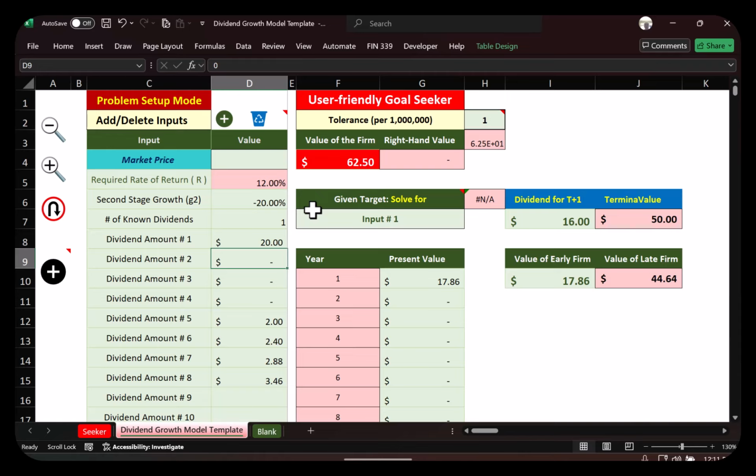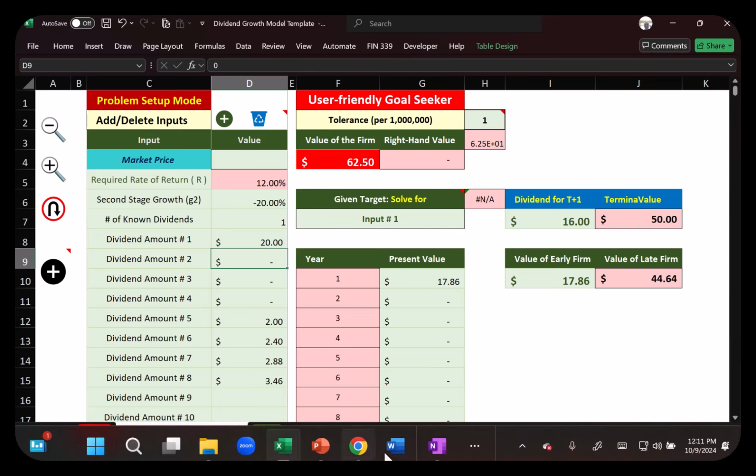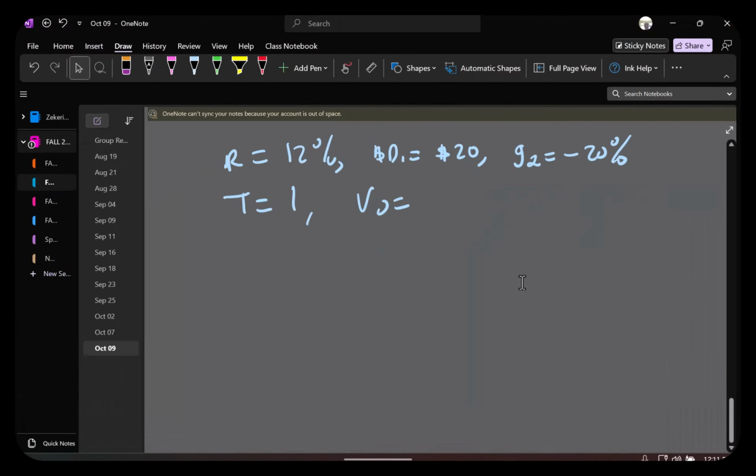The other company says, I'm going to pay some dividend, but I'm going to grow that dividend at some rate. What is the rate that's going to make these two investments equivalent? Okay. Well, I know the value of the company in the first one.